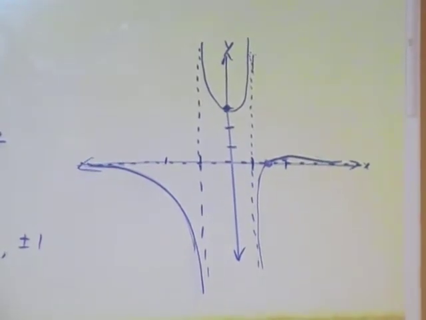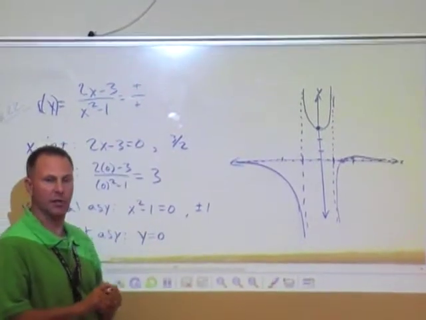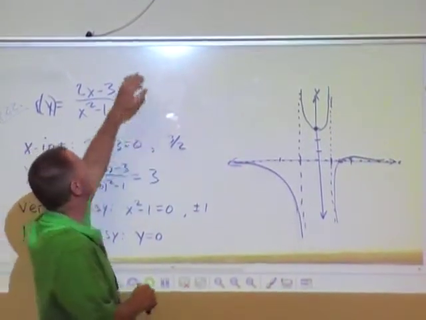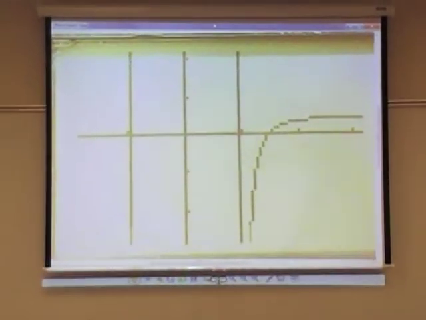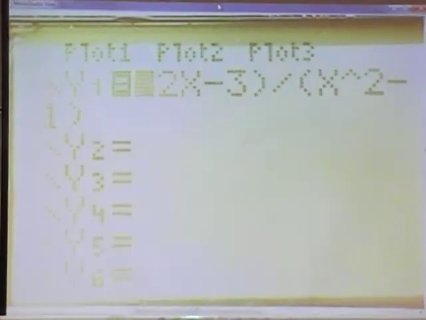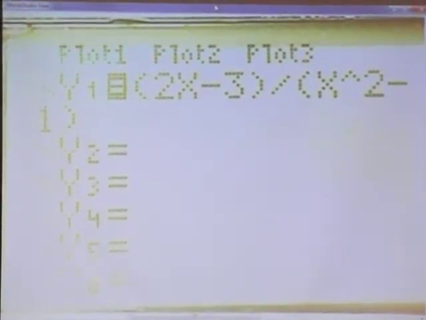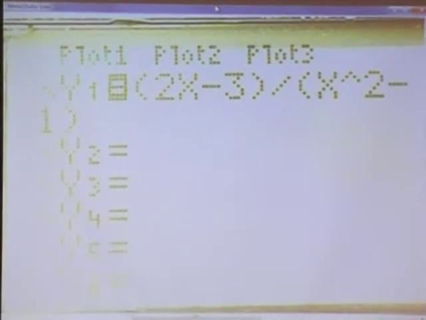Now everybody get your graphing calculators out. And put this in your graphing calculator. That's what it should look like. 2x minus 3. Make sure you use parentheses because your fraction is a grouping symbol.